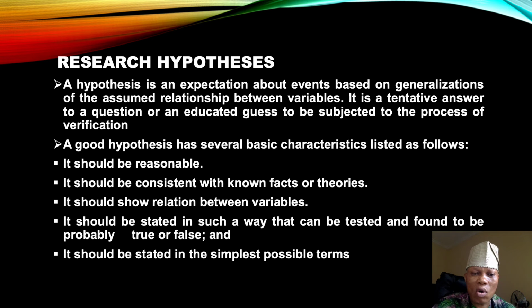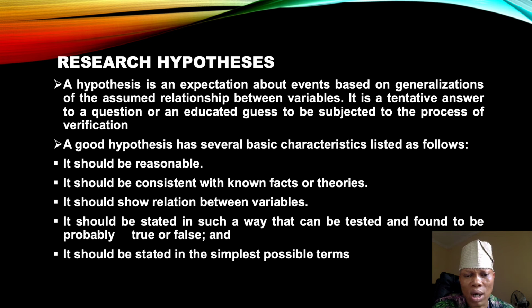Now, we've coined our research question from our research objective. We said, is there any difference in academic achievement between students taught using cooperative jigsaw learning method and the conventional lecture method?